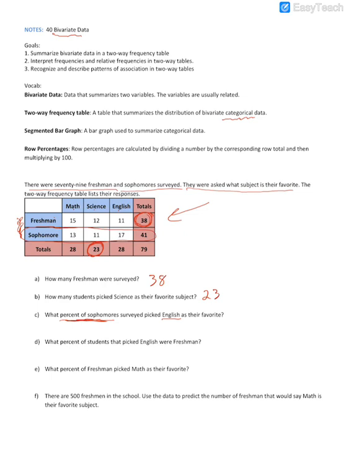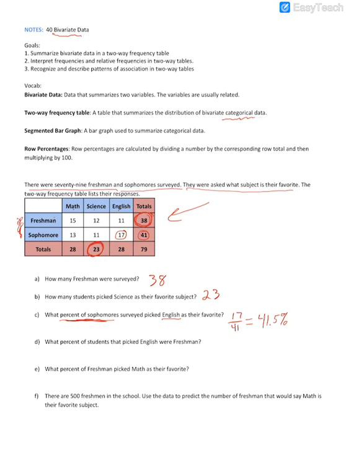And so when we do that, there were 17 out of the 41. So I'm going to write 17 over 41. Now the question is, how do we turn that into a percent? Well, just divide it, and you'll use a calculator most likely for that. And changing that to a percent, it ends up being about 41.5%. Make sure that you round that. And I think one decimal place is probably okay.